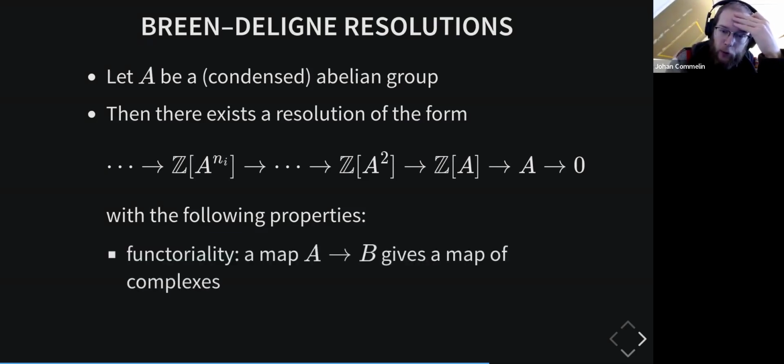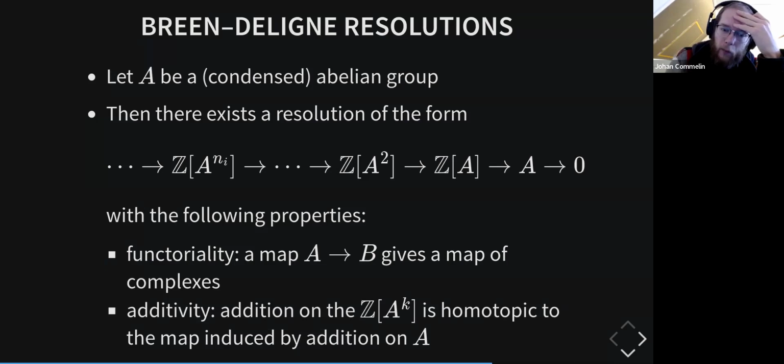But it has the following two properties. First of all, it's functorial in A. And secondly, we have two addition maps. One addition map comes from just the usual addition on these groups. I mean, you take the freely generated group generated by A to the K, and that's a group.